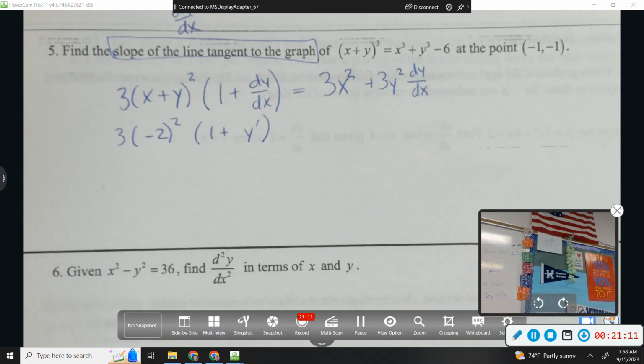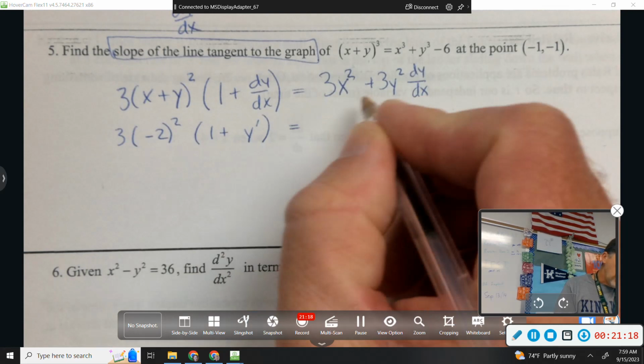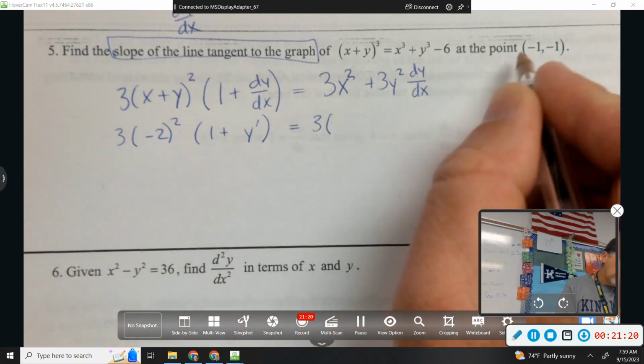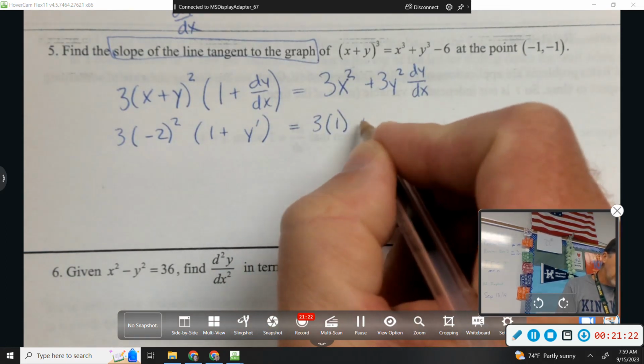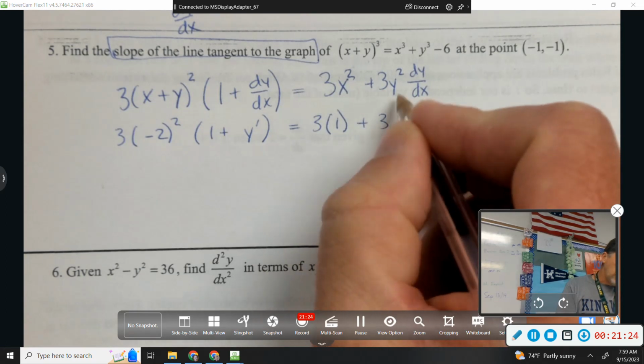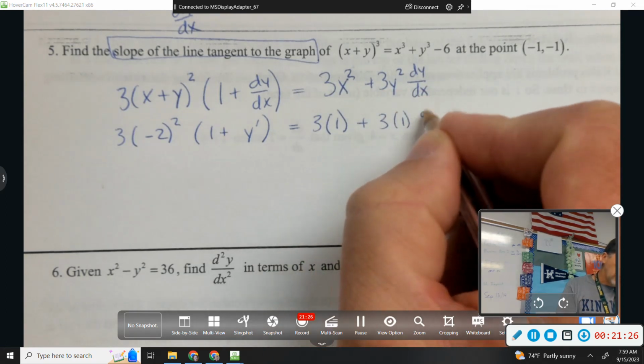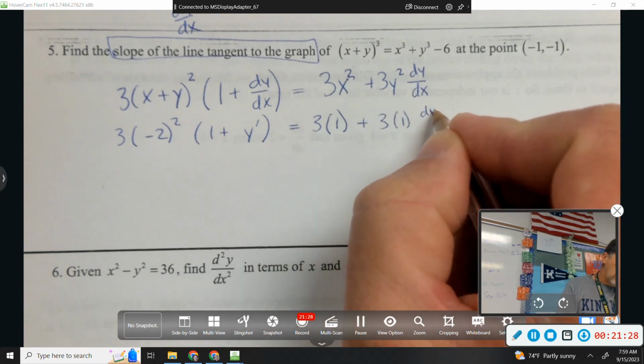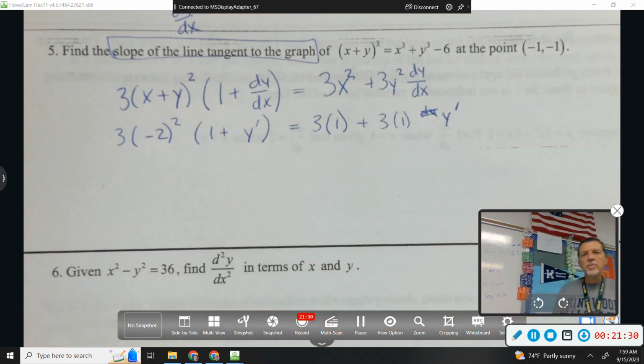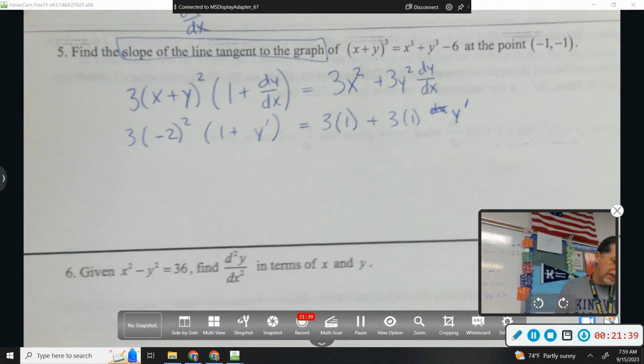Again, that's a little bit dangerous because we're not always going to have y's and x's. I'm going to say if you switch them both, otherwise you're going to get confused. Like why does my equation have a y prime and a dy dx in there?